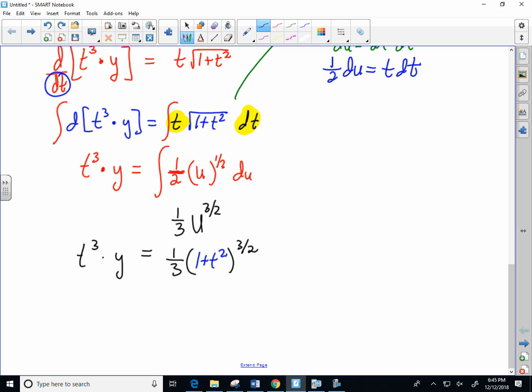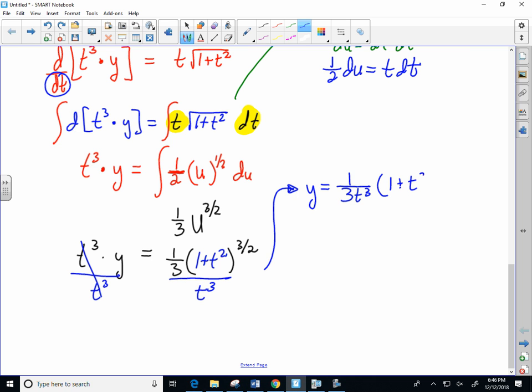Before I do that, I want to divide both sides by t cubed to get y alone. So we get y equals, I'm going to write it as 1 over 3t cubed times 1 plus t squared to the 3 halves plus c. And that's a poor quality 3, so I'm just going to fix it up.